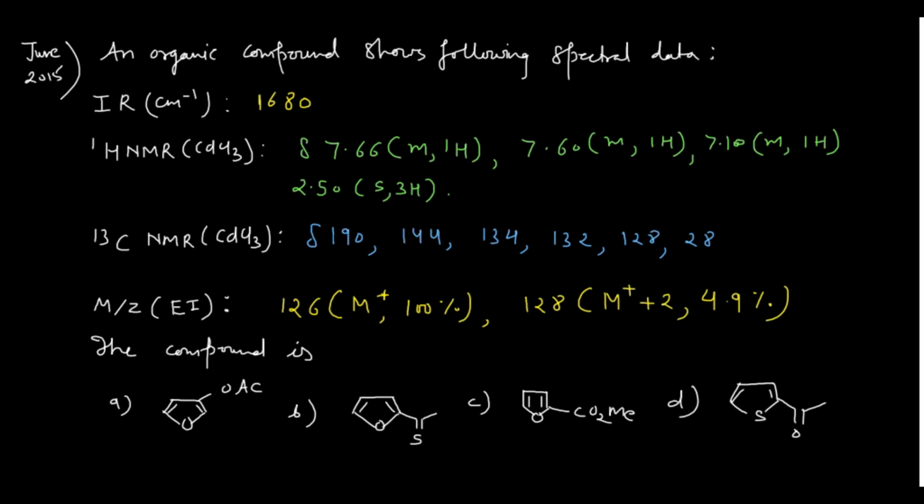After that you are getting the value 128, that means if you add 2 to 126, you will get 128. That means you are getting an M+2 peak, and the intensity of this M+2 peak is 4.9%, right?